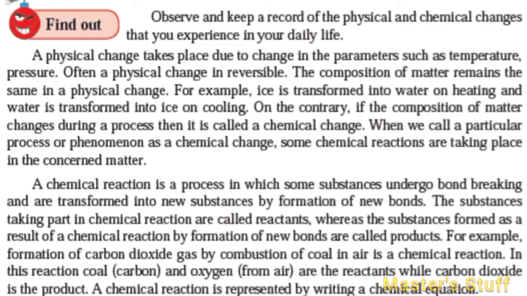The substances taking part in the chemical reaction are called reactants. In the previous example, carbon and oxygen were reactants, whereas the substances formed as a result of the chemical reaction by forming new bonds are called products, where carbon dioxide is the product.